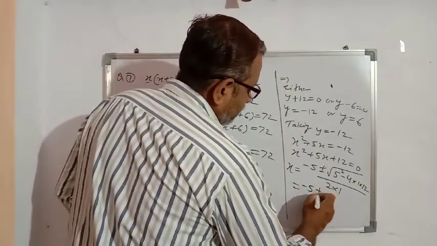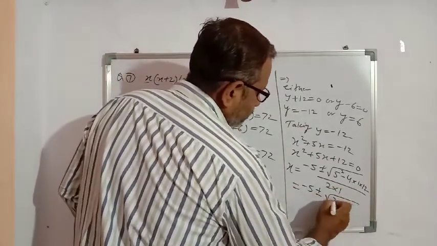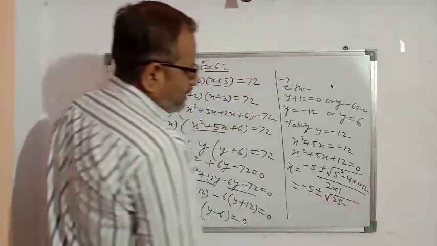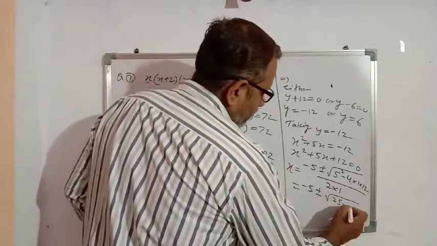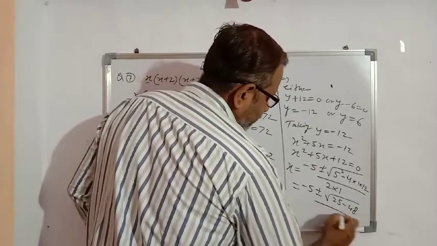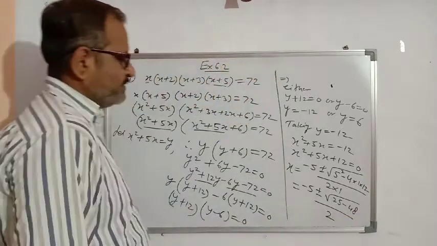Minus 5 plus minus 5 square is 25 minus 4 times 12, which is 48, by 2.